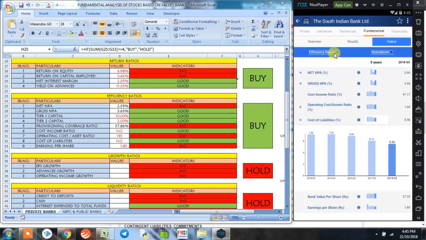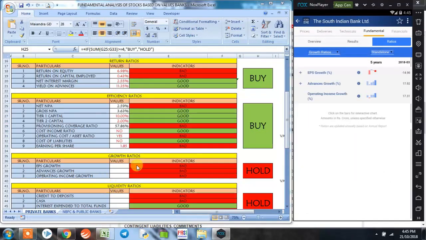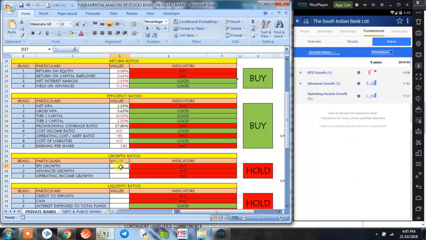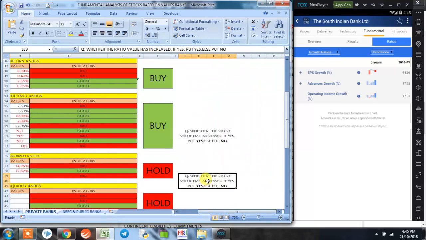Now coming on to growth ratio, under the drop down menu we select growth ratios. The first parameter is EPS growth, which is minus 14.96. Advances growth is 17.62. And for operating income growth, we again have to check the same parameter, whether it has increased.